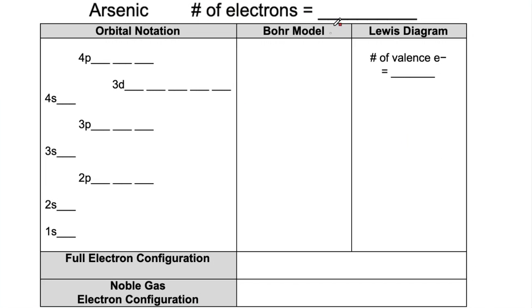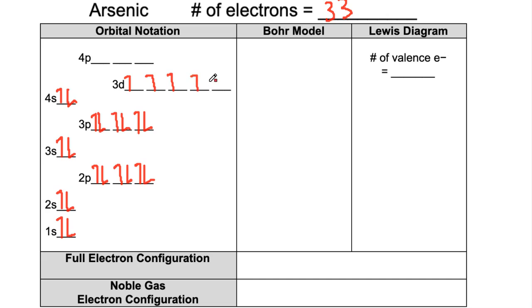A neutral atom would have 33 electrons, which means I have 33 arrows that I need to place in this diagram, following the 3 rules: Hund's, Aufbau, and Pauli exclusion. 1, 2, 3, ... 31, 32, 33.